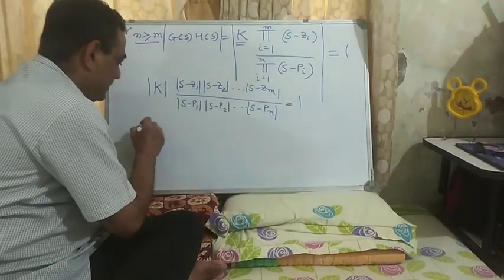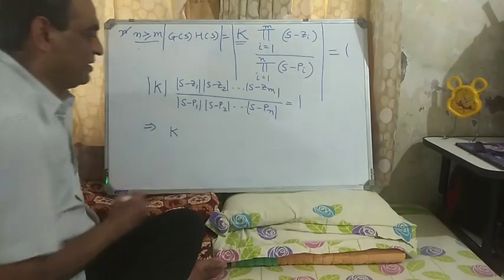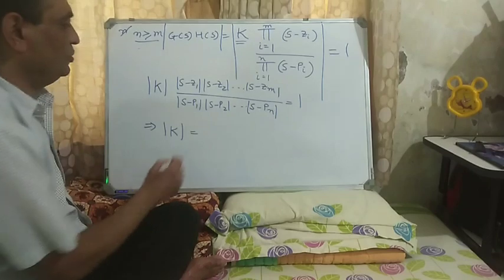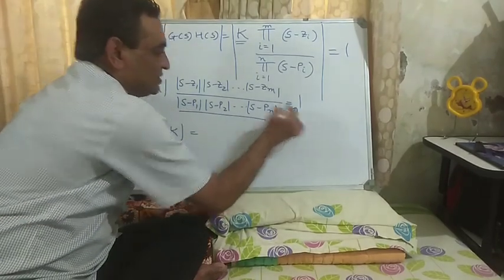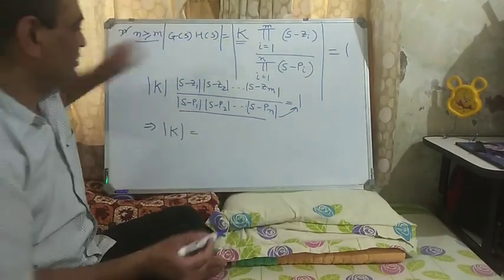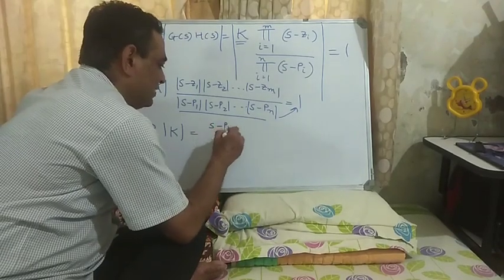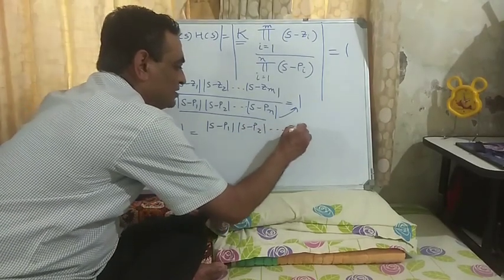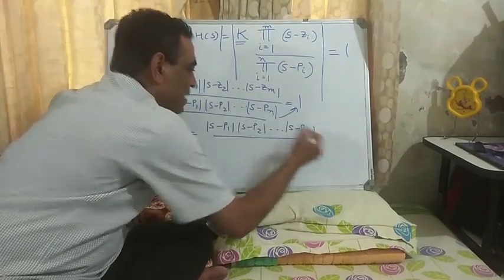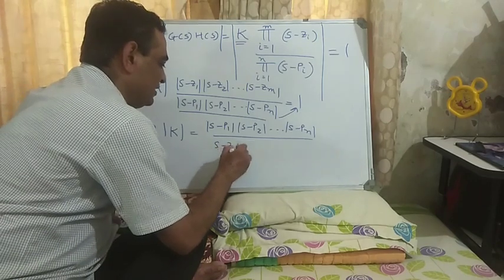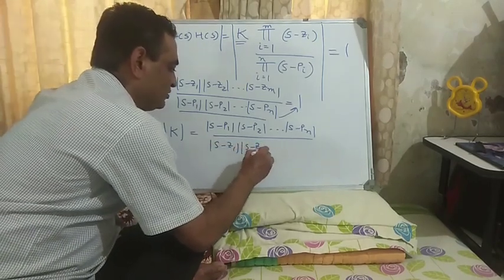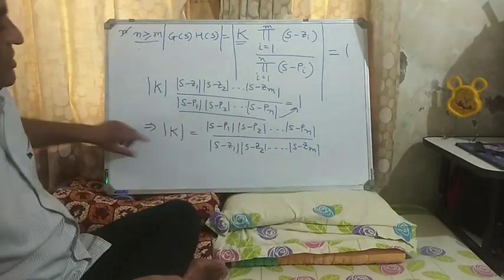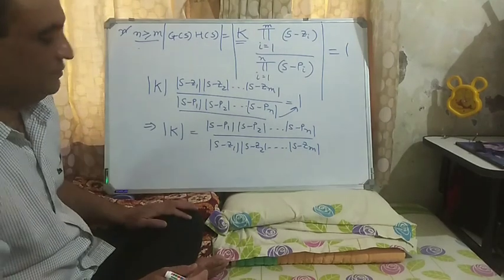Now it implies that the gain K, or the magnitude of K, which is always positive, is equal to |s minus p1| |s minus p2| up to |s minus pn| divided by |s minus z1| |s minus z2| up to |s minus zm|. So this is how you can get the value of K.